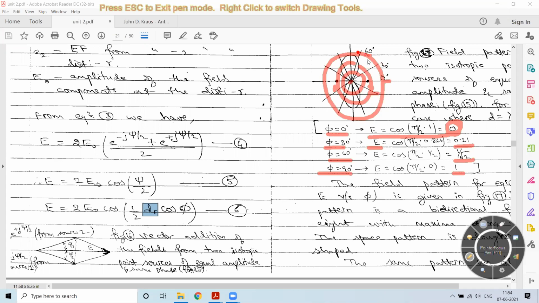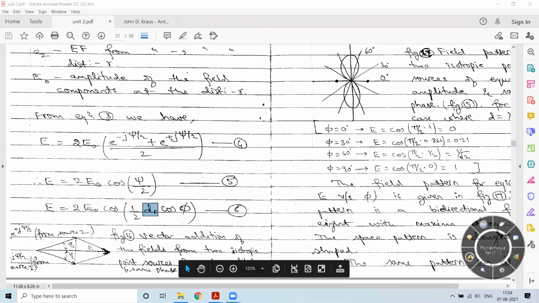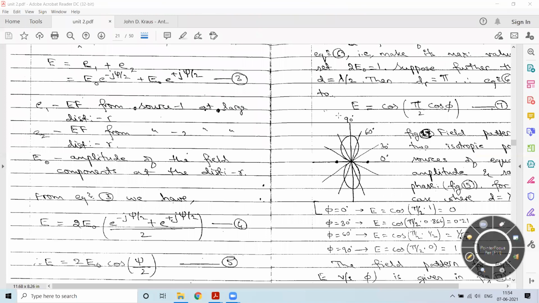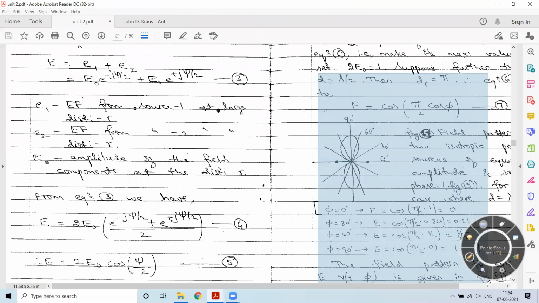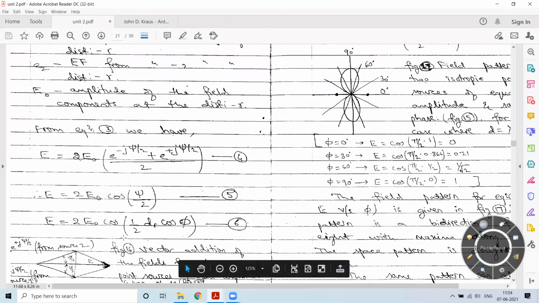That circle represents a particular value, say 0.2 is somewhere here. So that you can plot. When you plot these values, you will get an 8 shape pattern for d equal to lambda by 2. This is just an example of what we are considering over here.